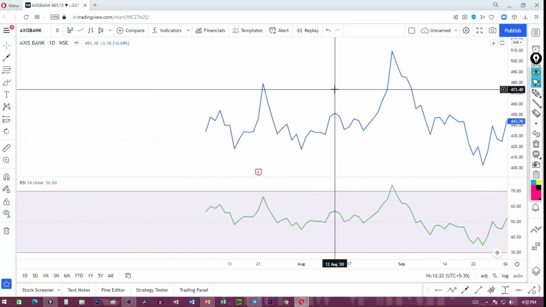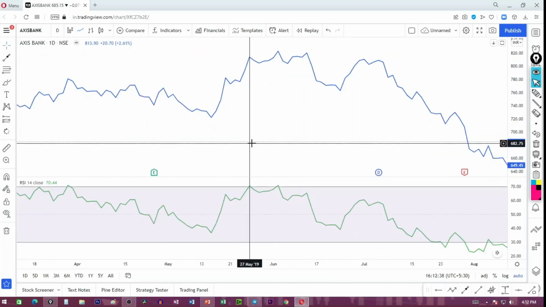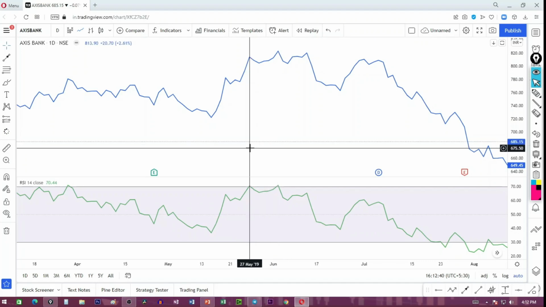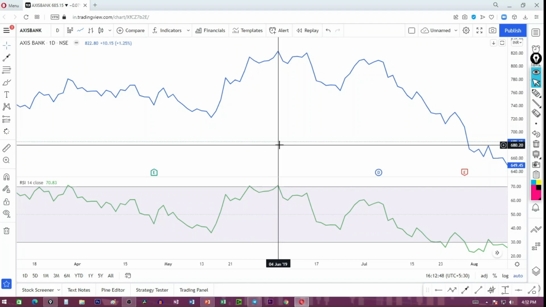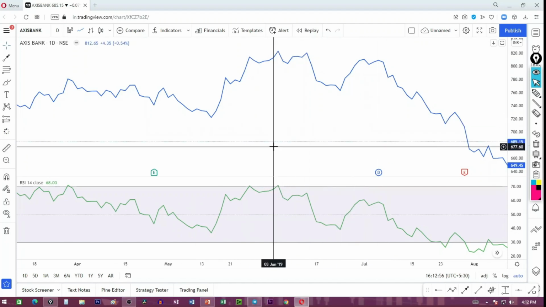Axis Bank, some upside move we need. So finally I get another example. No, this is not a valid classical negative divergence.